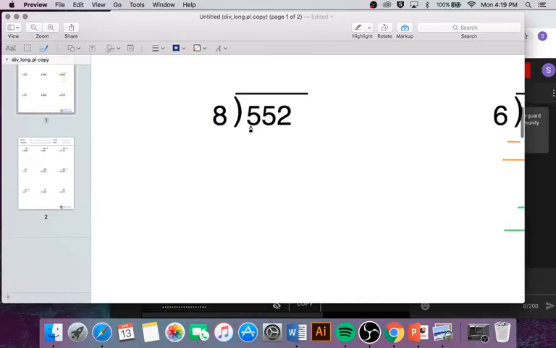Over here, we have 552 divided by 8. 8 doesn't go into 5, so we have to see how many times 8 goes into 55.